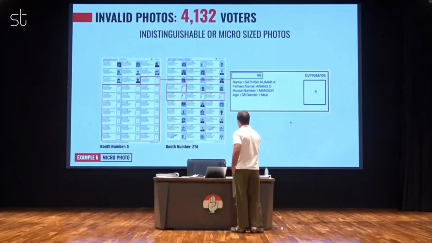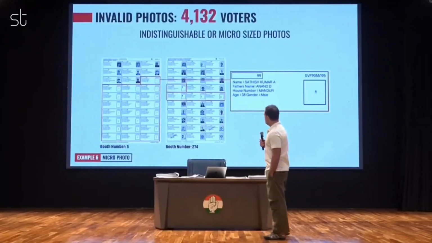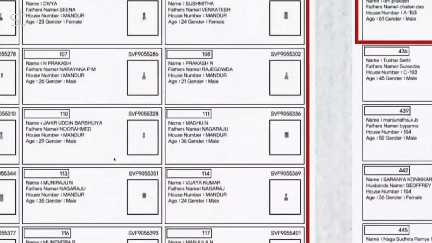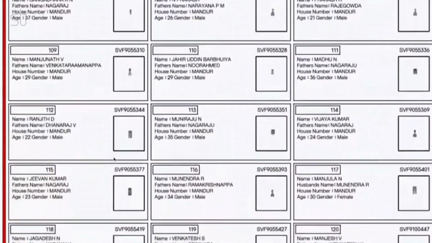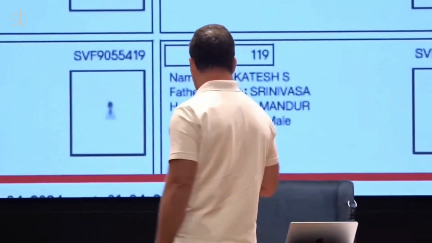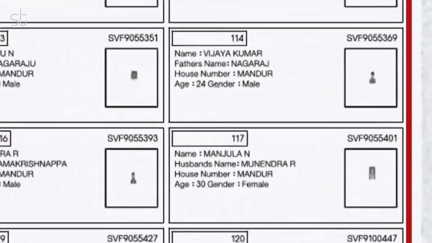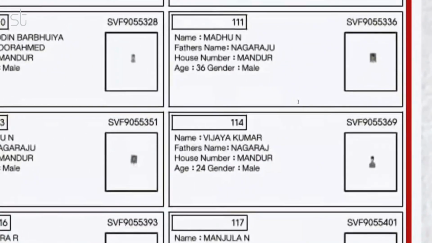Invalid photos. There are 4,000 voters. Show the photos. These are the photos. Either no photo or a photo that is so small that you can't see them.